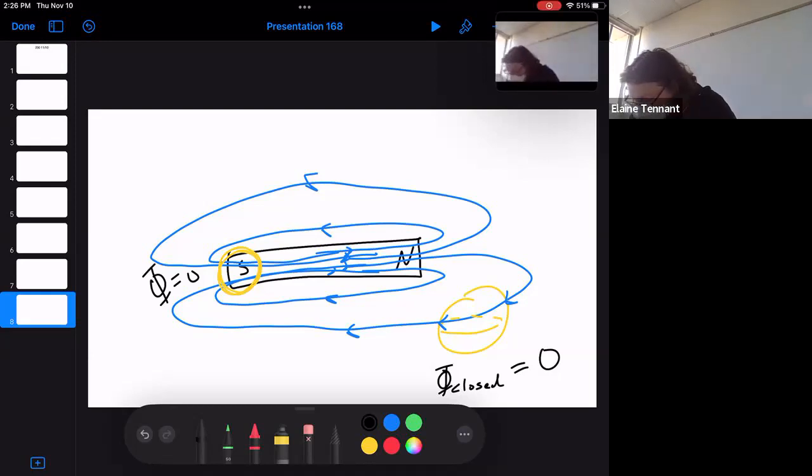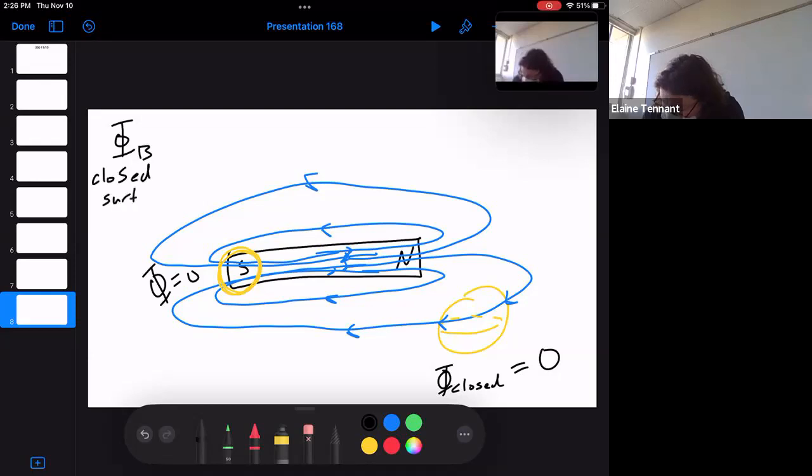And so this brings us to Gauss's law for magnetism, where the total flux through a closed surface for magnetism is going to equal 0. And you can write that a little bit fancier.